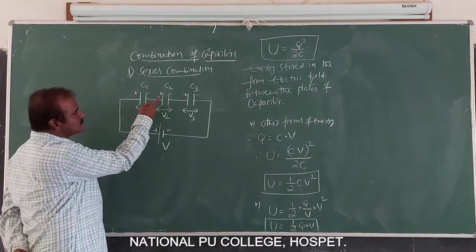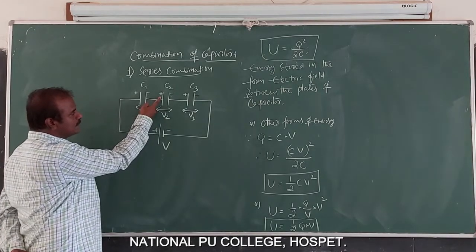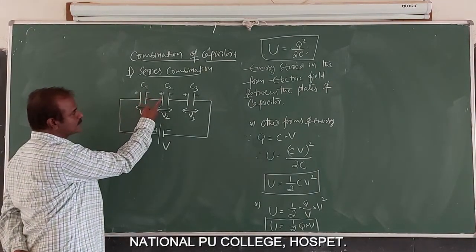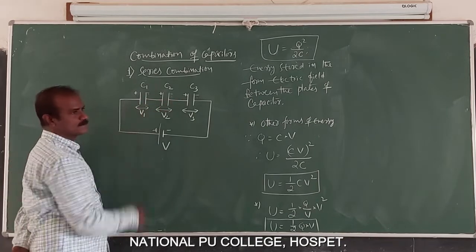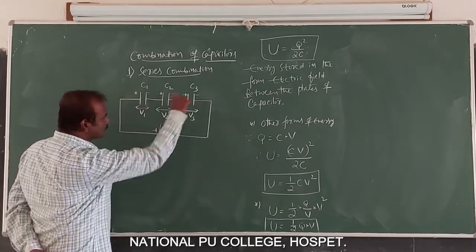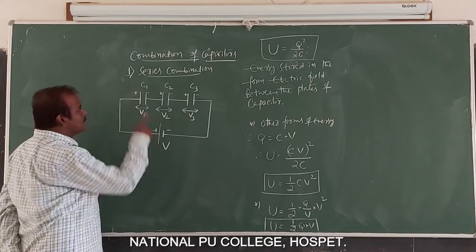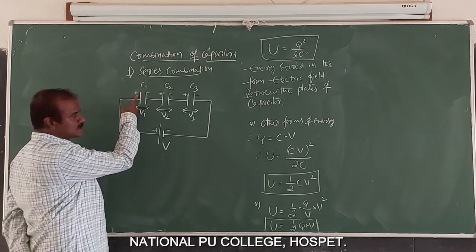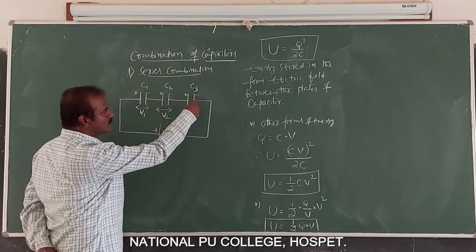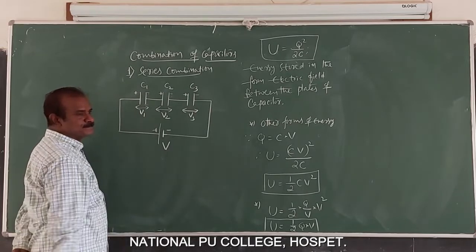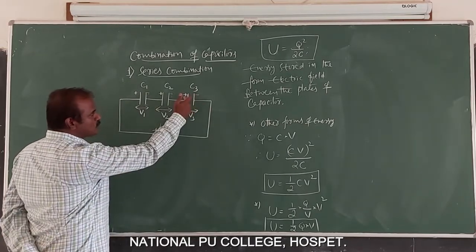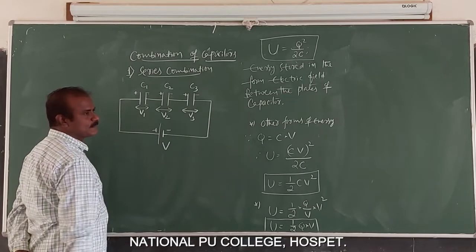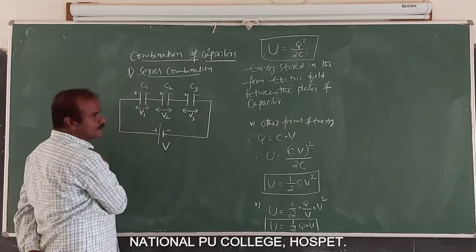Even electrons can also move from this plate and deposit here, so that it becomes positively charged, the same way. So what is common here? The number of electrons it has lost, the same electrons will be deposited on this plate, and therefore equal positive charge on this plate. They are connected end to end.